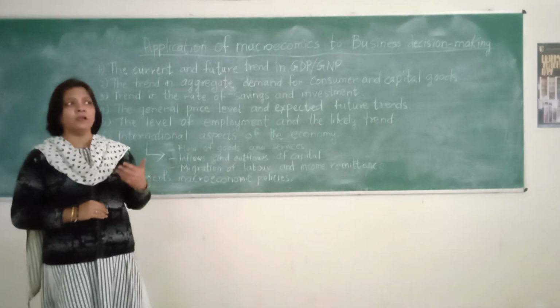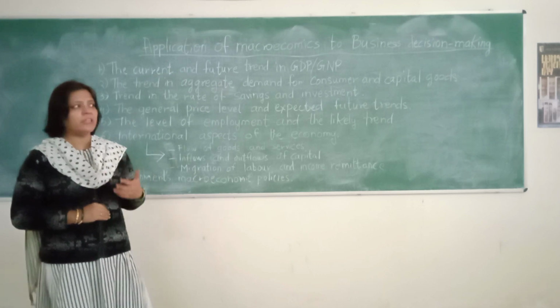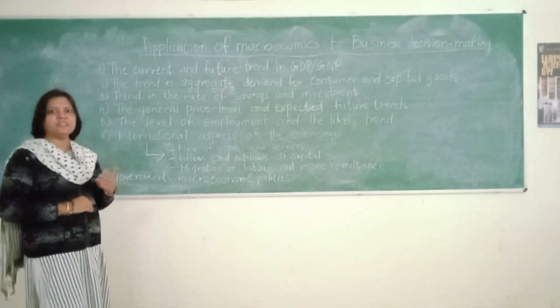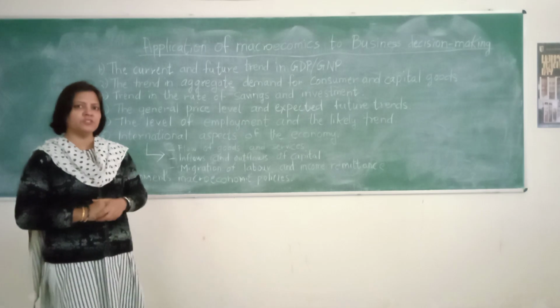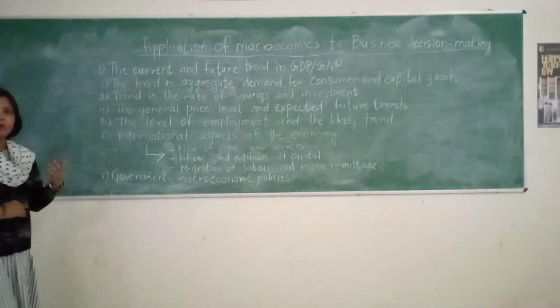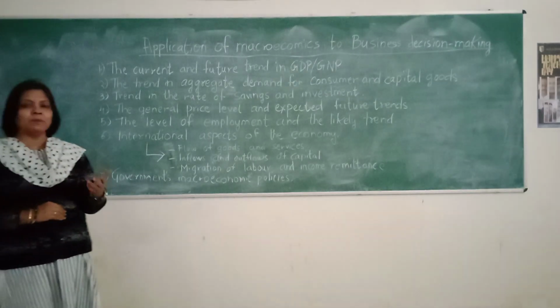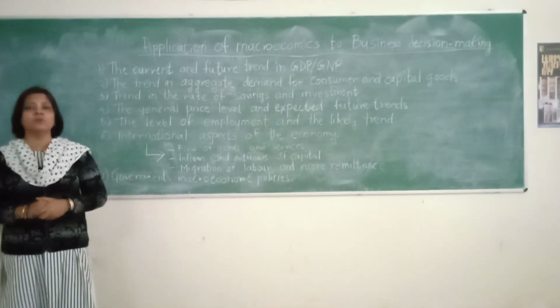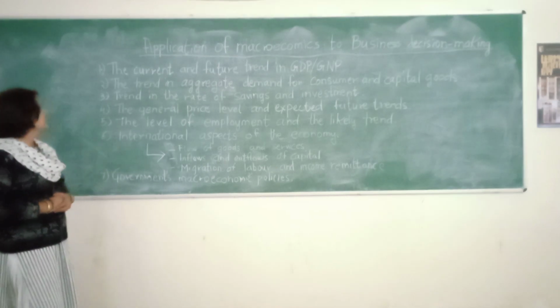It is not growing. So when an economy is not growing and when it is growing and in a positive mood, it affects our business decisions. Also, our decision regarding compensation and wages policy also depends upon these trends.